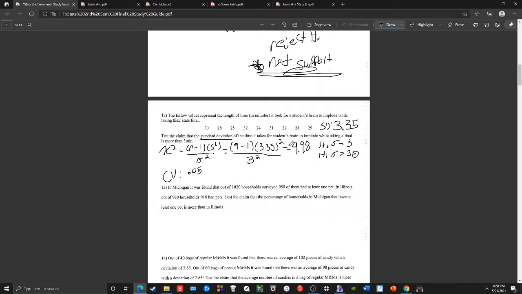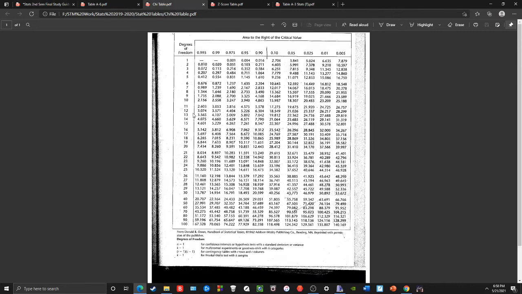So this is where it gets a little tricky here. My alpha is 0.05, right? That is my uncertainty level, we should say. And in this case, my claim is that sigma is more than 3. So my claim is a right tail claim, right? This is a right tail claim. Well, luckily, my chi-squared table goes from the right.